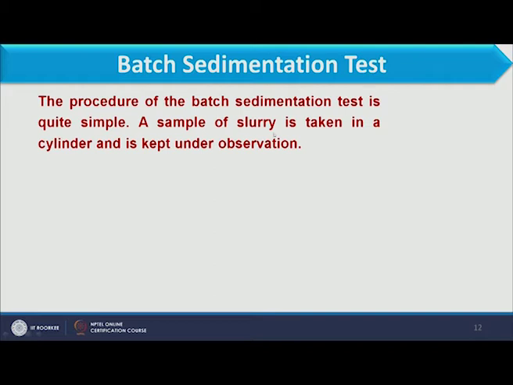A sample of slurry is taken in a cylinder and is kept under observation. That's all we have to do. Like we have to take a transparent glass in which we fill the slurry, which is completely mixed in itself. Then we have to observe the behavior which is carried out in the glass cylinder.